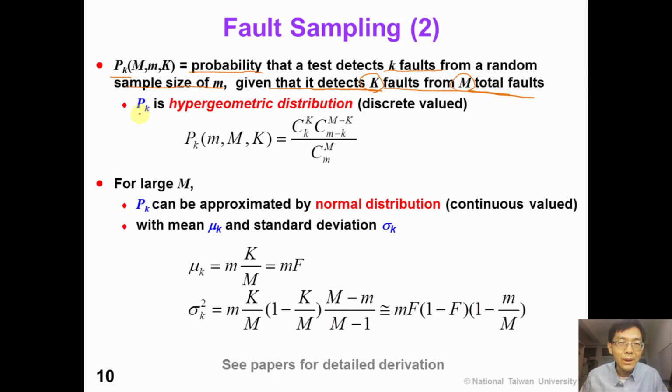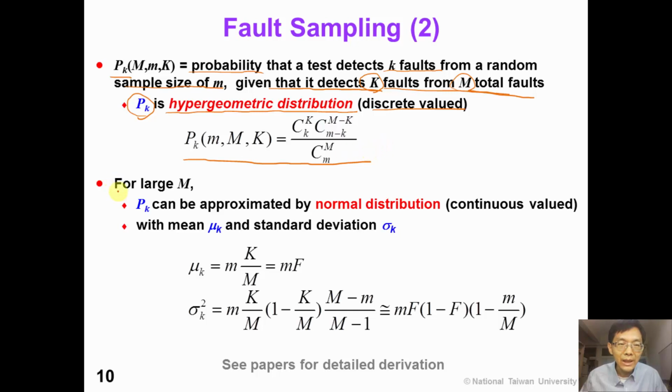It was derived by the paper that pk is a hypergeometric distribution of discrete value, which can be written in this equation. Unfortunately, this is not very easy to handle.